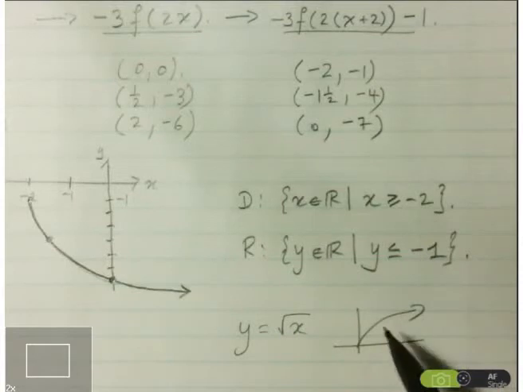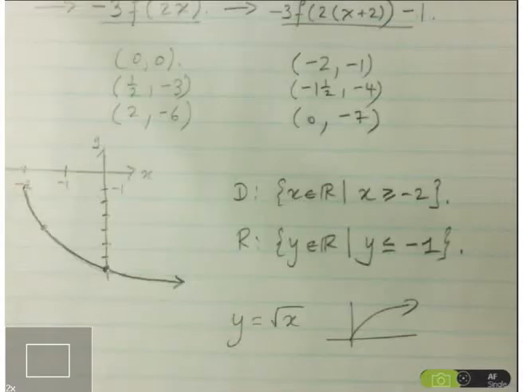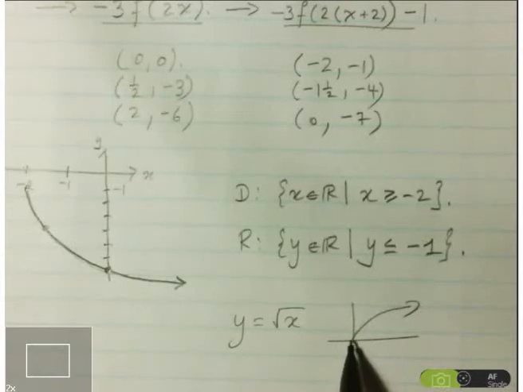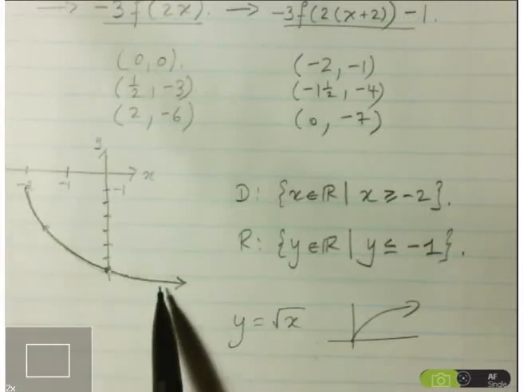So you know that there's the vertical reflection, which means that instead of being greater than or equal to the number, it'll be less than or equal to the number. And since it gets moved 2 to the left and 1 down, that will also affect the domain and range. So the domain, instead of starting at 0, will start at -2, and the range, instead of starting at 0, is going to start at -1. So that's an alternative to actually sketching the whole graph just to find the domain and range.